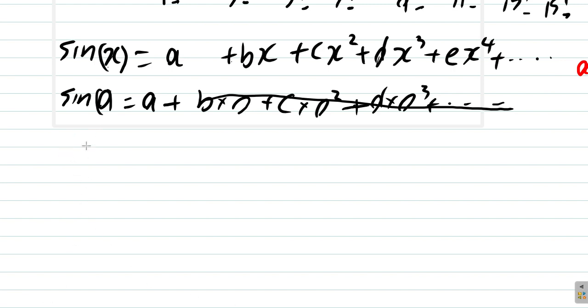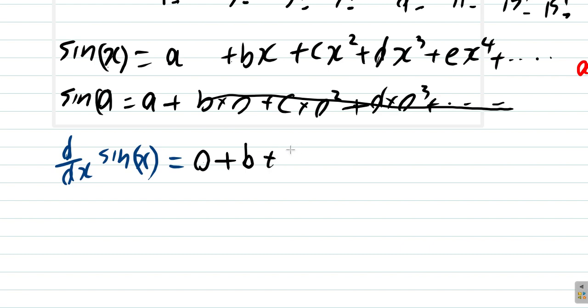So what we have is that the derivative with respect to x of sine x is equal to the first derivative. This is 0, so it's 0 plus 1 times b, x to the 1 minus 1 is 0, so it's b, plus 2cx, because remember 2 times c, you multiply by the power, is 2c x to the 2 minus 1, which is 2c x to the 1.